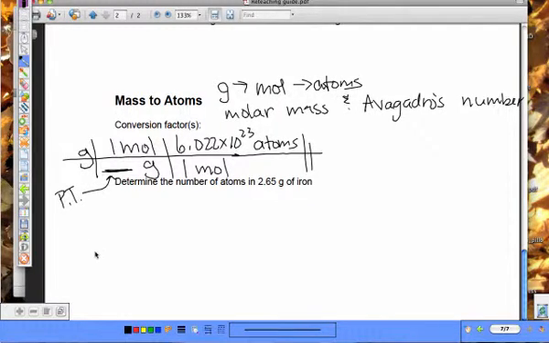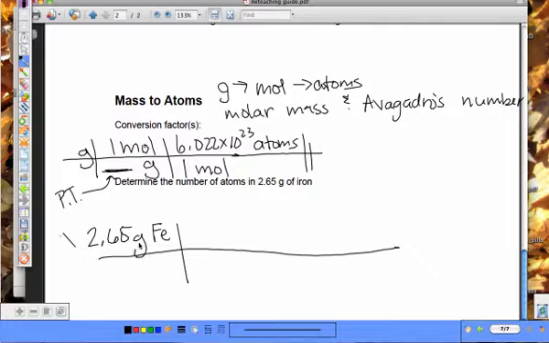So if we have 2.65 grams of iron, since we have units of grams of iron, we know grams of iron need to be on the bottom. And 55.85 is the molar mass of 1 mole of iron.